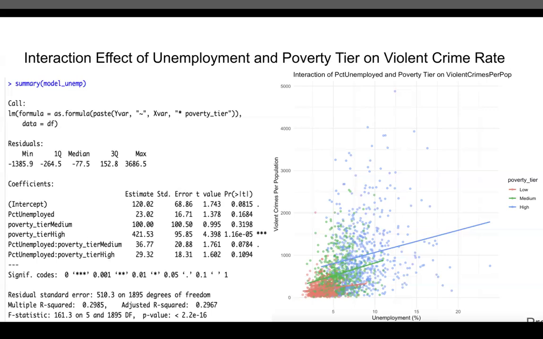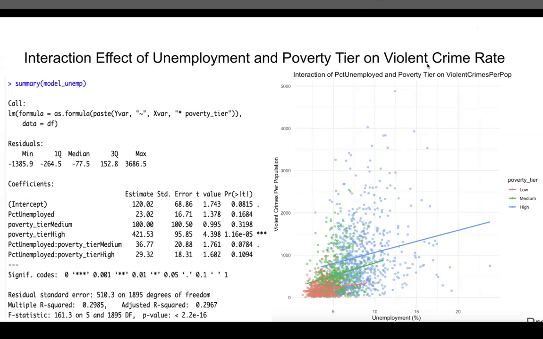Then we look at the R squared, which is around 0.3, which means that 30% of the variation in violent crime rates is explained by unemployment and poverty rates as predictors. That's a moderate level, but it is meaningful for social data like this.